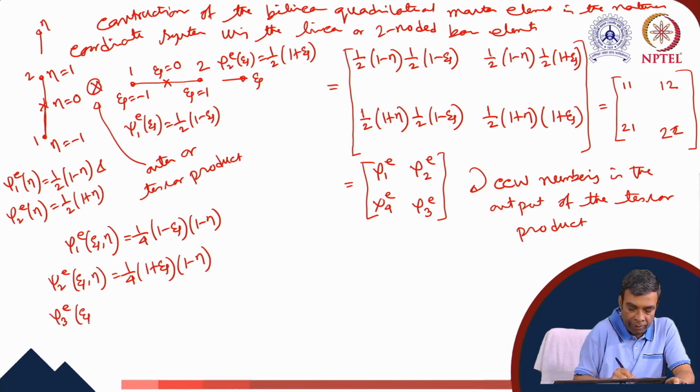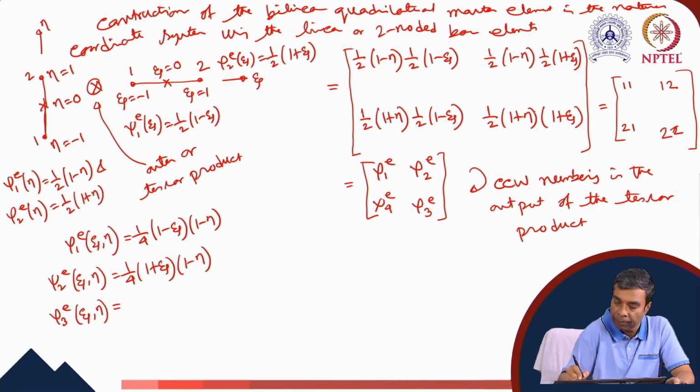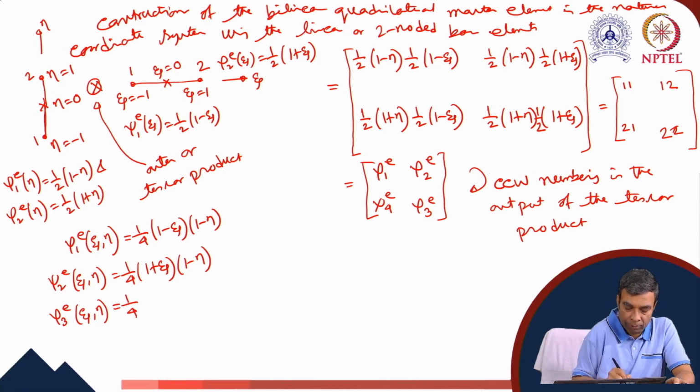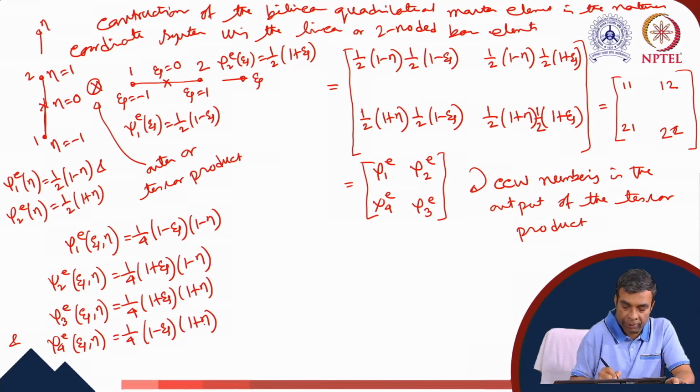Psi 3 e as a function of xi and eta equals to, here half was missing, 1/4 into 1 plus xi into 1 plus eta, and finally psi 4 e of xi eta equals to 1/4 into 1 minus xi into 1 plus eta.